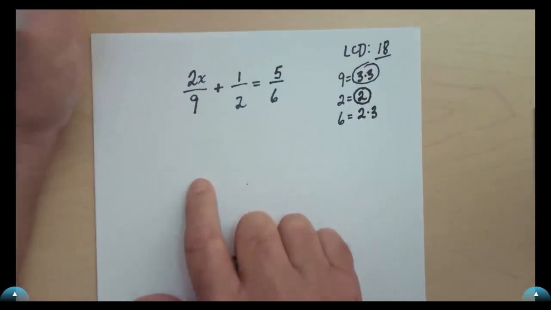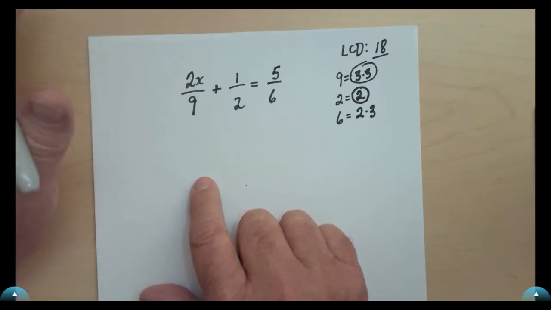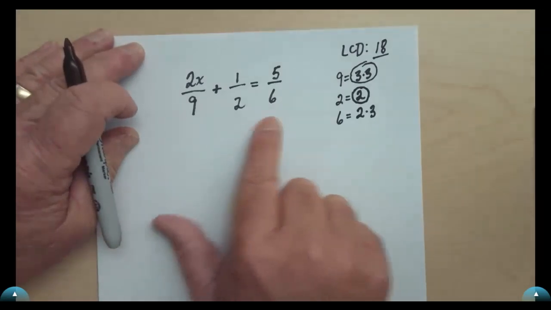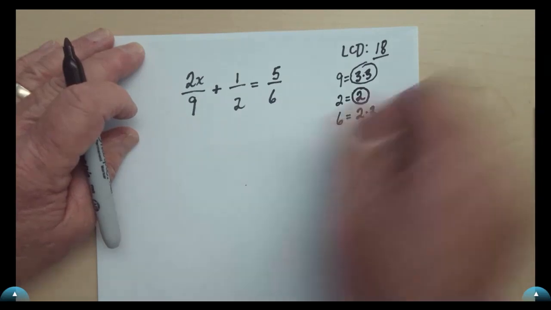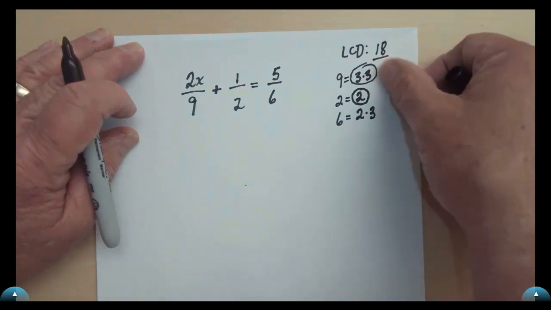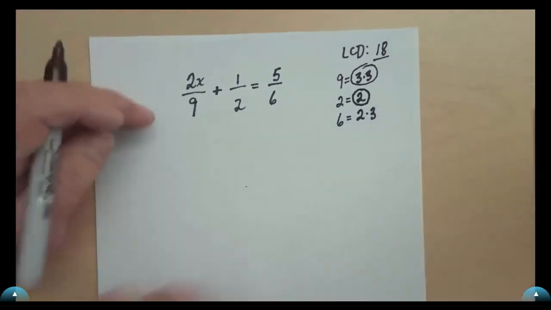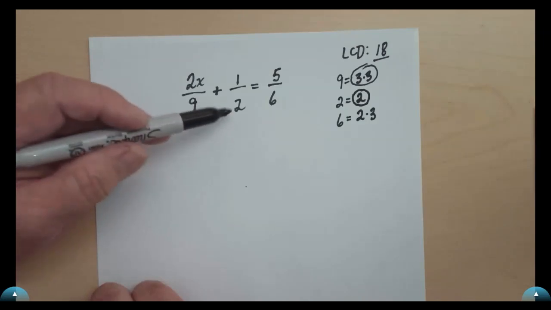The other thing you could do, and this always works, though it's not always super efficient, is this: if you have a few denominators and the numbers are small, meaning none of them have very many different prime factors, another way is to look at those denominators.